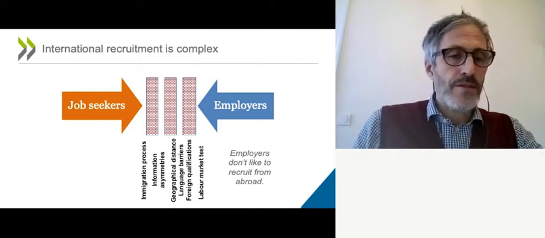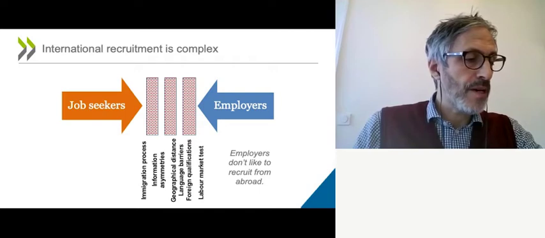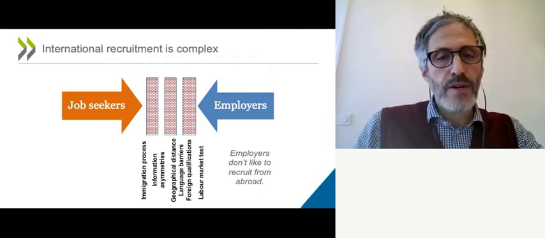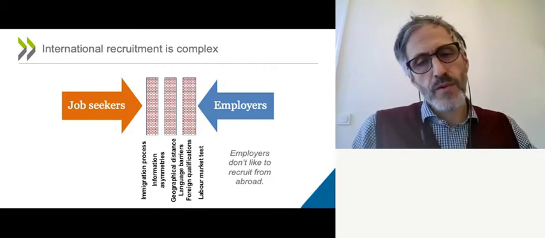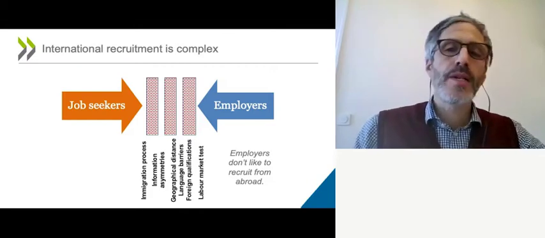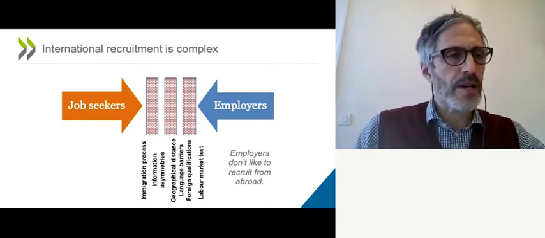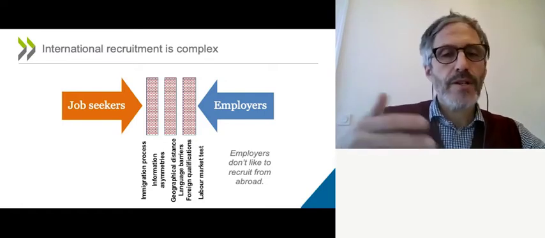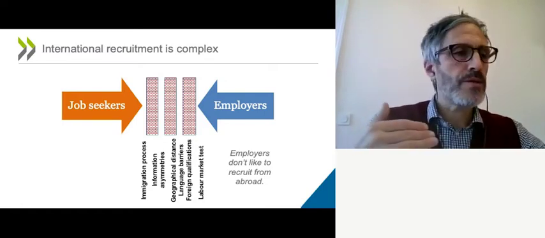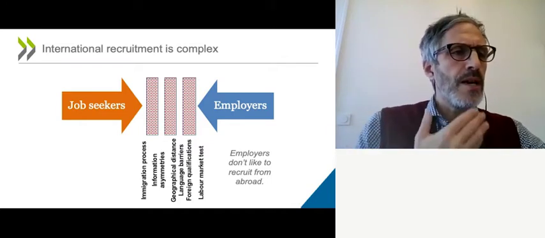you look at all of these barriers: the language barrier, which is often an issue, the recognition of foreign qualifications, licensing requirements for regulated professions, the migration procedures themselves, which are quite complicated and expensive in most cases, the weak networks that connect job seekers and employers, the absence of a trusted referee.